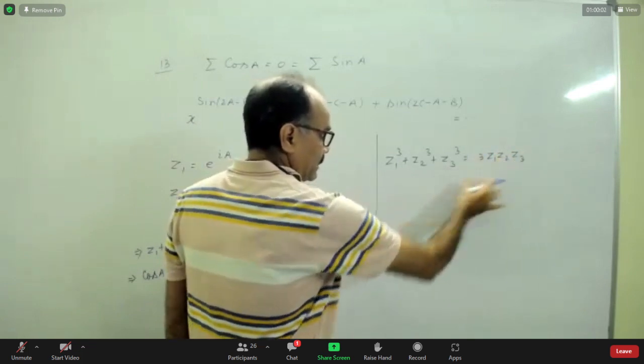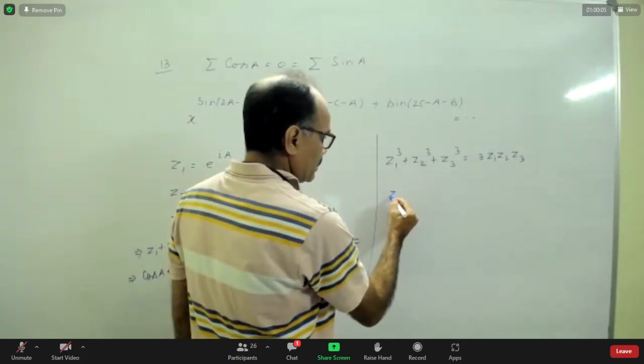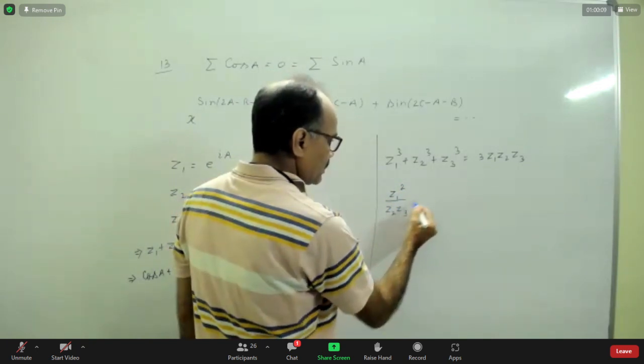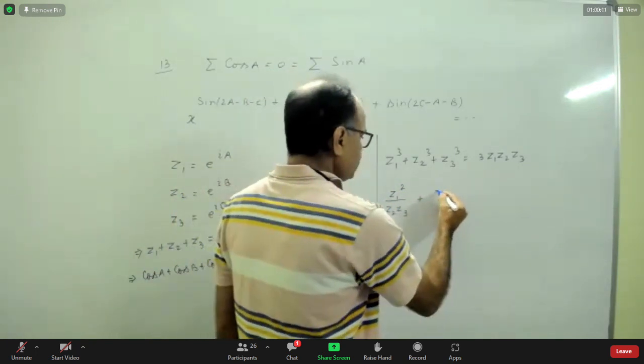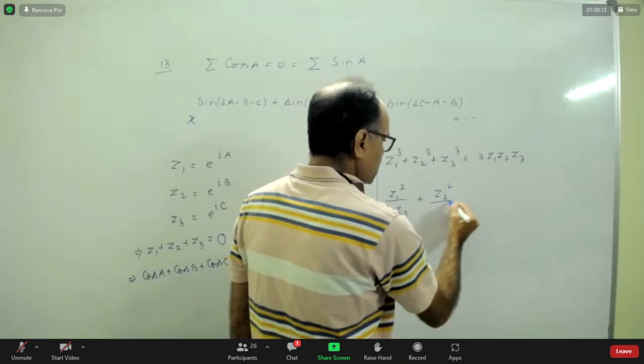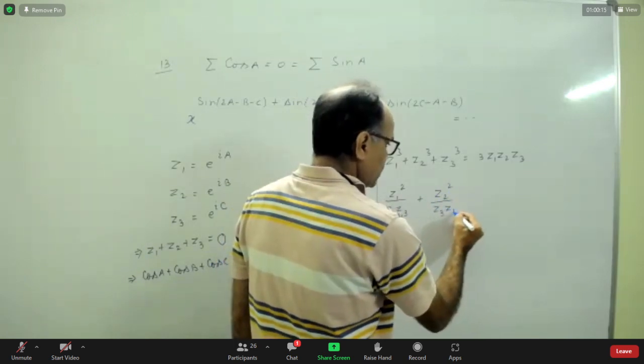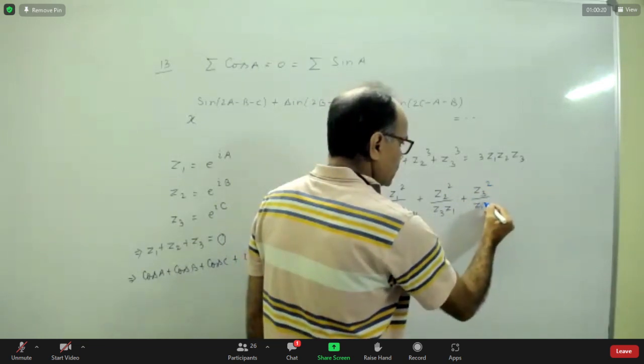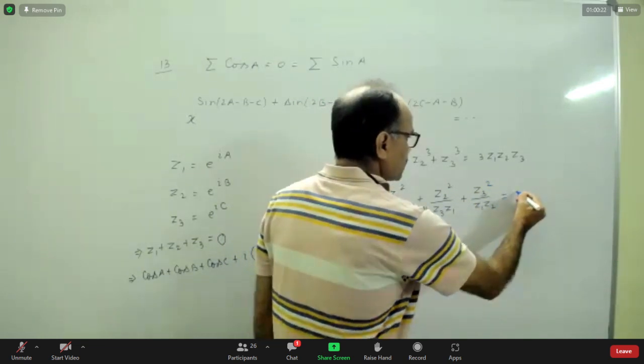Since z1 plus z2 plus z3 is 0, z1 cube plus z2 cube plus z3 cube is 3 z1 z2 z3. So now dividing by z1 z2 z3: z1 squared by z2 z3 plus z2 squared by z3 z1 plus z3 squared by z1 z2 equals 3.